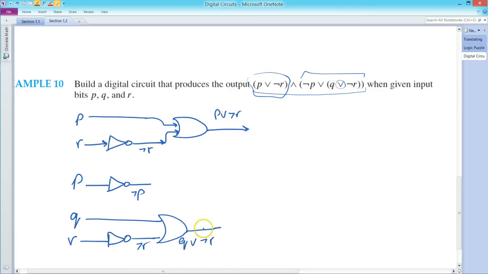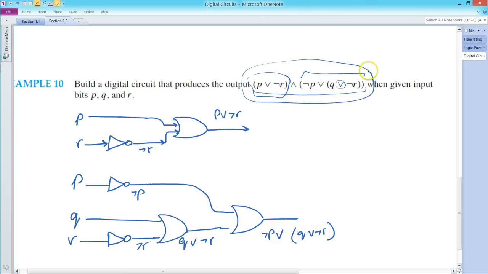So we need to now take this and OR it with not P. So we'll take the output of this and OR it again, going through the gate. And here the output is going to be not P or (Q or not R). And now I'm going to combine the whole thing together. So I'm going to take the output of this and the output of this and put the AND operator here, and the output is going to be the whole expression.